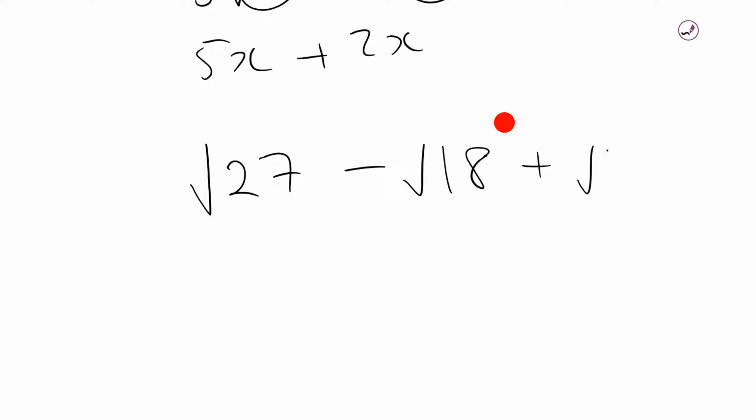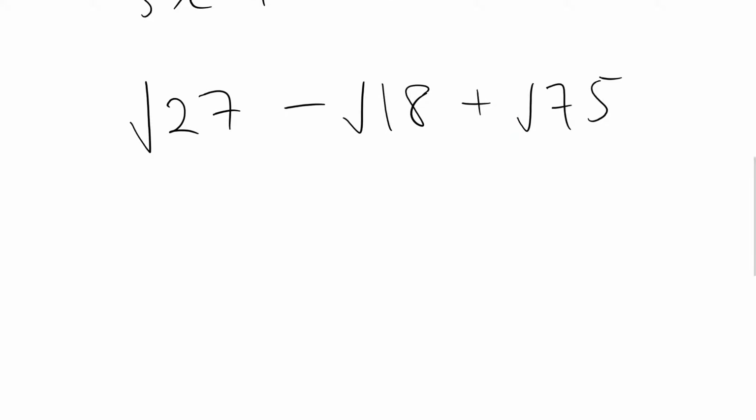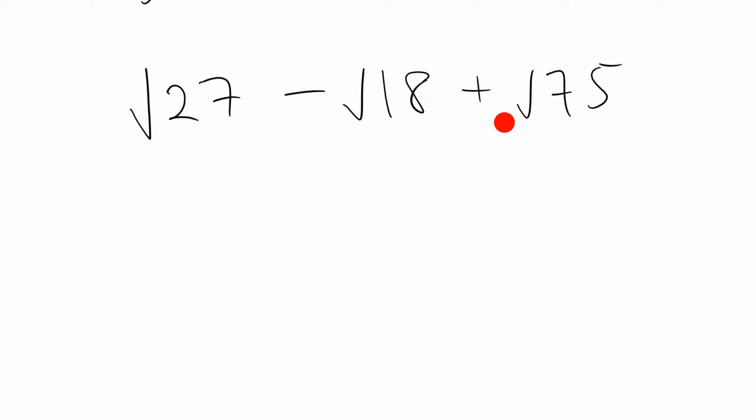Root 75. There you go. What is that? So that is 9 and then square root 3, which is 3 square root 3. Okay, excellent. Minus 9 times 2, 3 square root 2.